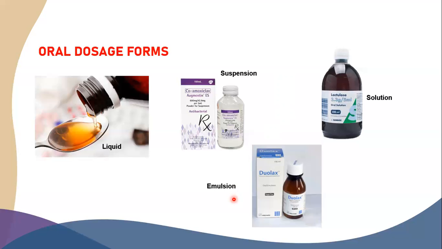When you see an emulsion, you will see that in the liquid phase of the drug there will be floating particles present. It is because you have two liquids that do not combine together. This is also an unstable mixture of liquids pa rin. Yan. So these are your liquid dosage forms.